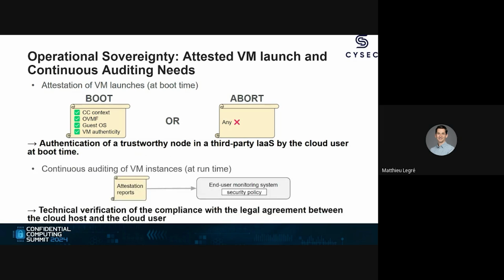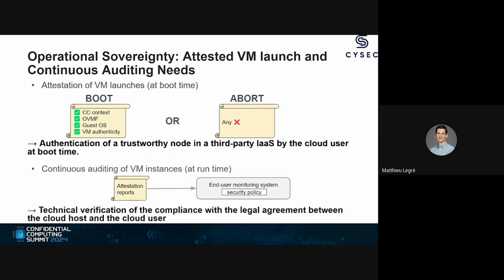The second feature that we propose is the continuous auditing of the VM instance. It's at runtime, so when the instance is running, some agent within this VM instance will regularly request attestation reports from the CPU and forward them to the customer.